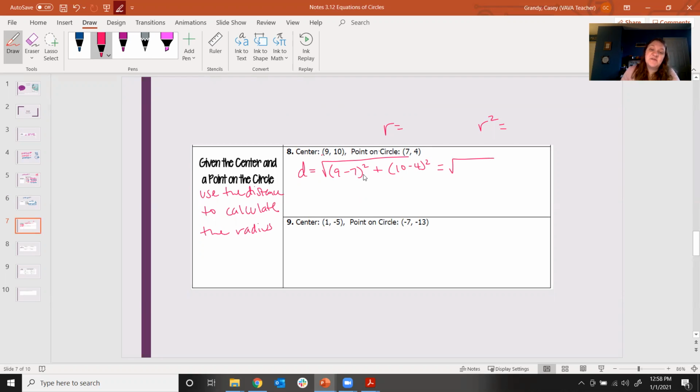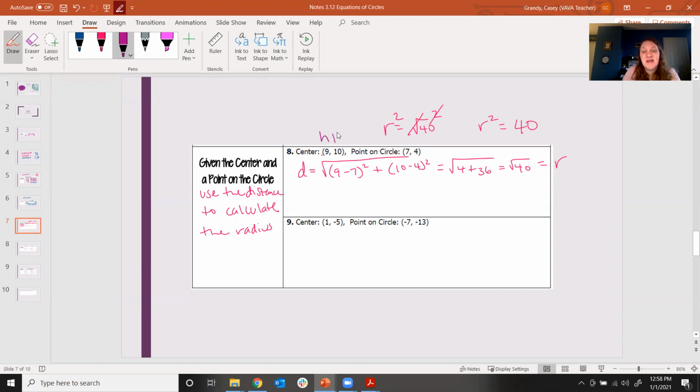So this is 9 minus 7 is 2. 2 squared is 4. 10 minus 4 is 6. 6 squared is 36. So my radius is the square root of 40. And yes, that can be simplified, but I'm not going to simplify it here because I want the radius squared. So all I'm going to do is square both of these. And the square root and the square cancel. So radius squared is 40.